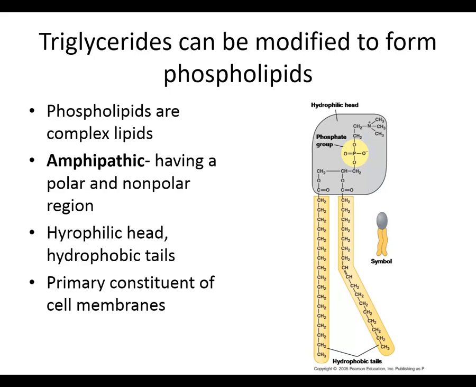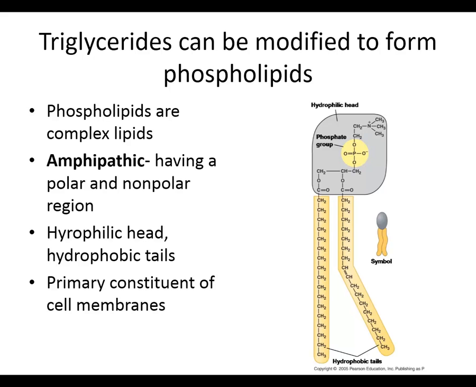And things that are both polar and nonpolar, do they mix with water or do they mix with oil? Answer, they can mix with both. So phospholipids are one thing that mixes with both polar and nonpolar substances.